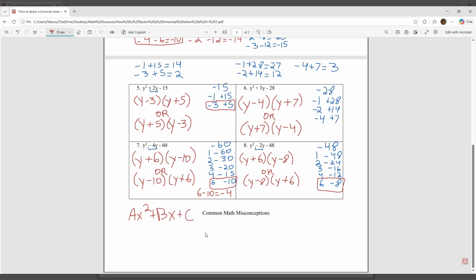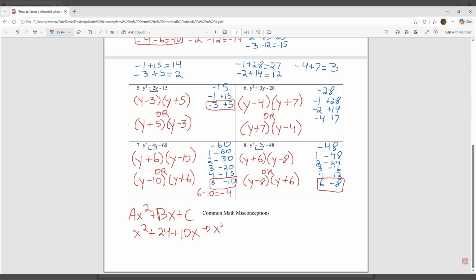Many times students are given a question in this format here: x squared plus 24 plus 10x. And students tend to think that their C term is going to be 10, but that's not the case. Your first step here is to rewrite this.